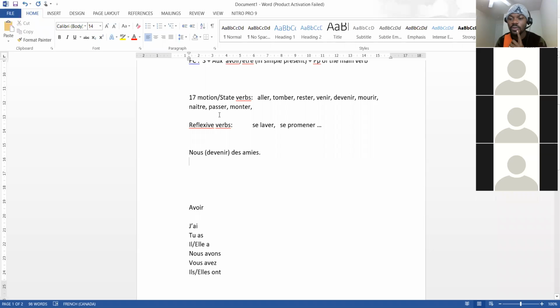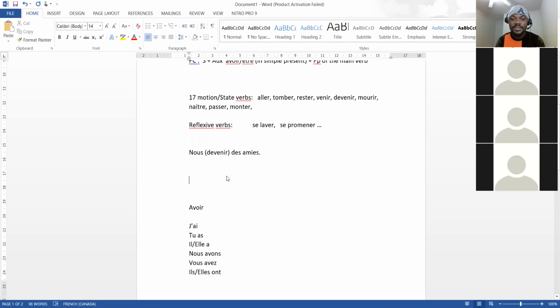And it is one of those verbs that use être because it's a state verb. Devenir, to become. In the state of becoming. Not really an action that someone can even see. So, by then, we know that we are going to use être.